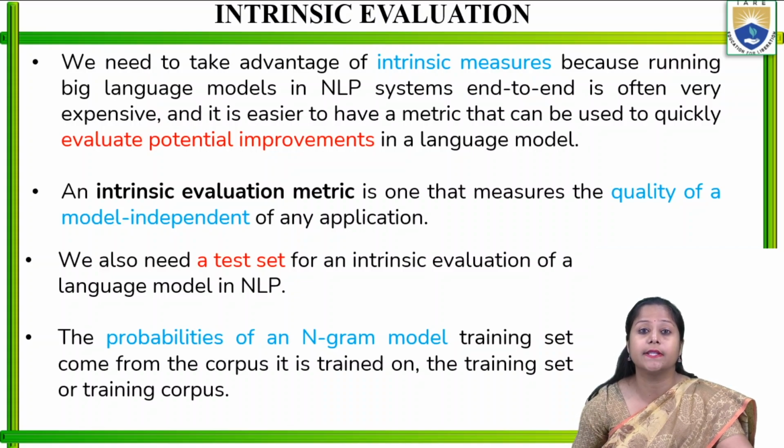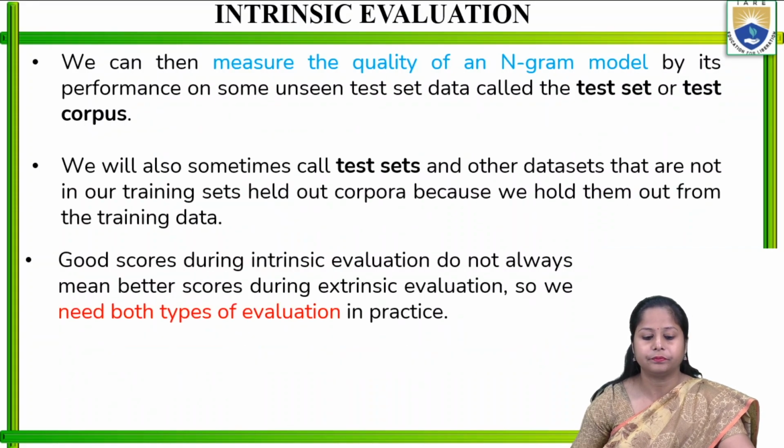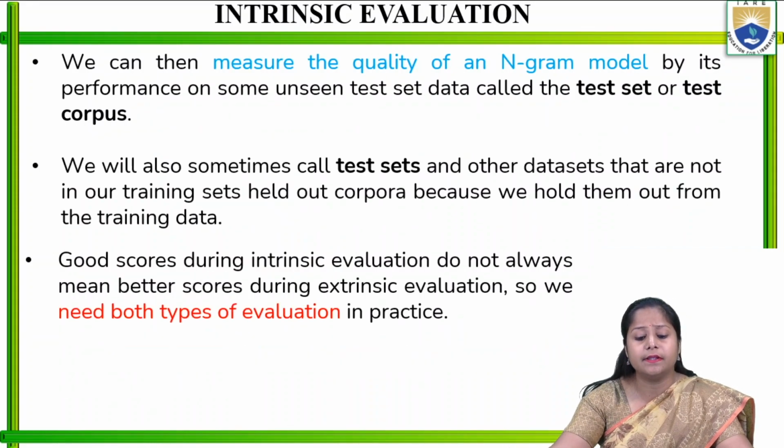Now we can measure the quality of the n-gram model by its performance on some unseen test data sets. That is called a test set, or a test corpus, as opposed to the training corpus or training set.